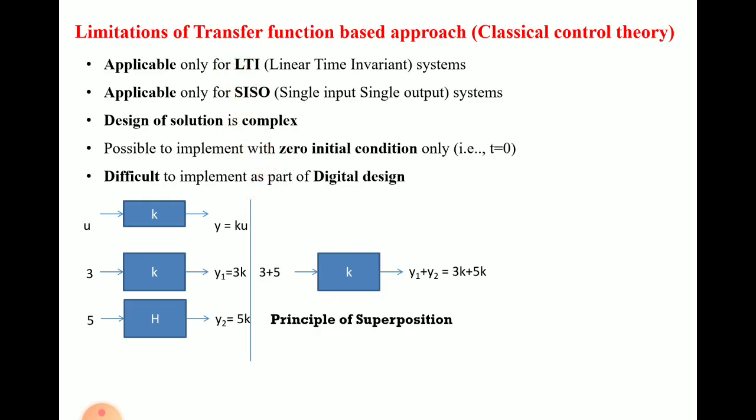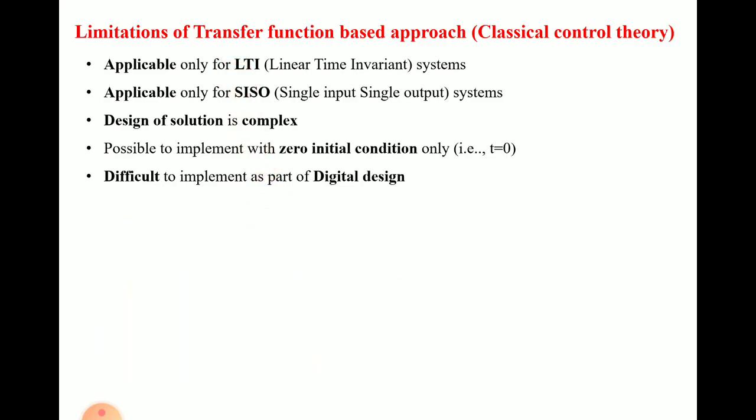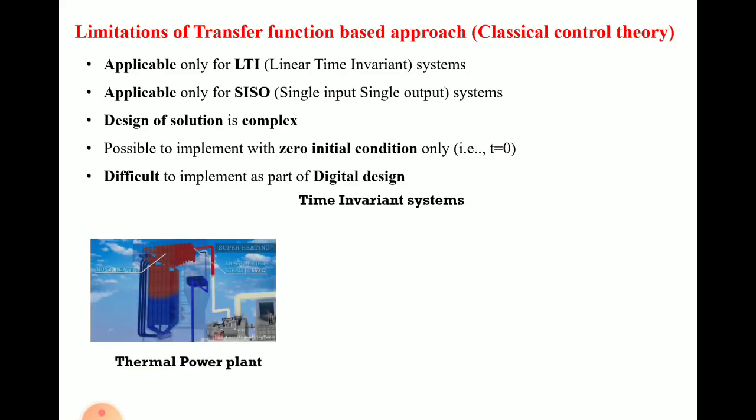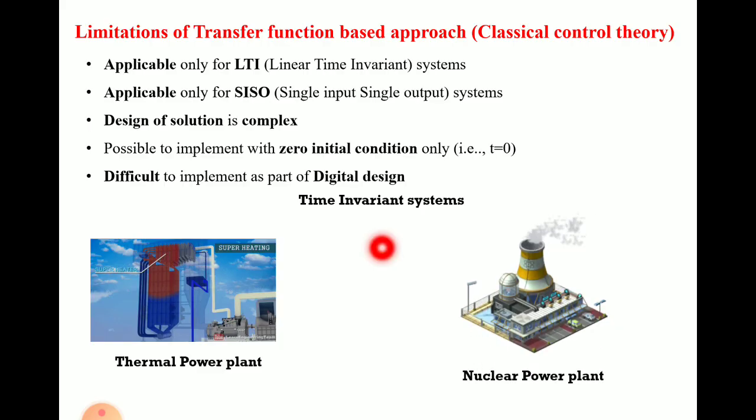Next we will look at time variant and time invariant systems. Now here you have a thermal power plant. In a thermal power plant you will produce electrical energy, and you have a nuclear power plant where you also produce electrical energy. Here the electrical energy produced does not vary with time. So systems where the output does not vary with time are called time invariant systems.